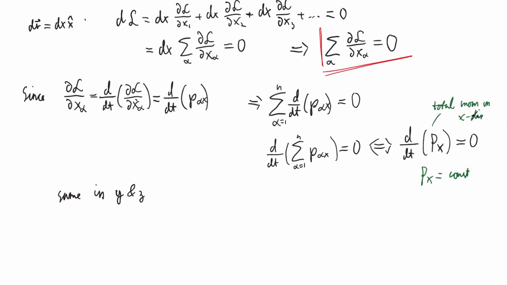Because it works in x, y, and z, the result is that the total momentum, p, is conserved. Well, we already know that. But it is conserved because the laws of physics are invariant under translation through space.